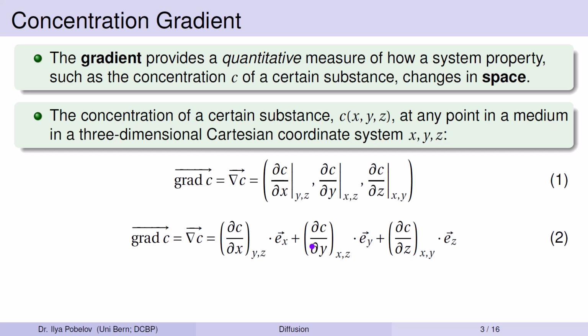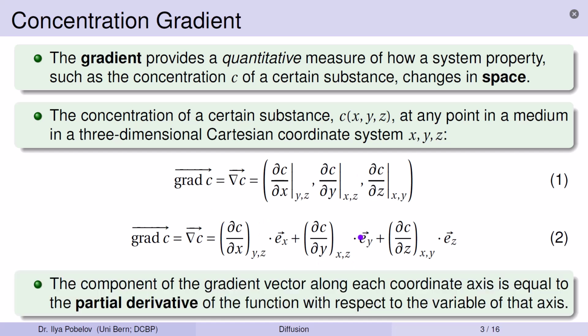These derivatives represent the slope of the concentration change along each axis. All in all, the equations indicate that the component of the gradient vector along each coordinate axis is equal to the partial derivative of the function with respect to the variable of that axis.